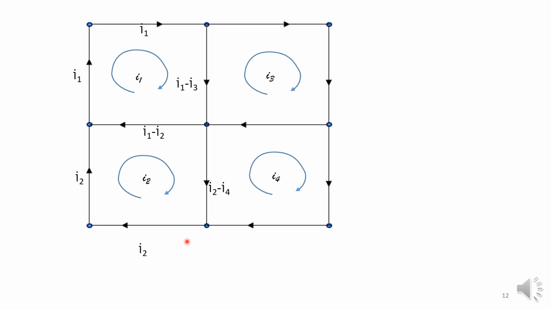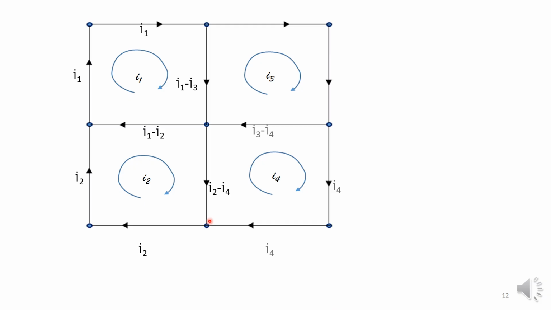It will contribute I2 to this branch, I2 to this branch. Now here, because the I2 is clockwise, it will go counter to this arrow, so it will contribute minus I2 to this branch. Here the I2 follows the same direction as the arrow here, so it contributes I2 along this branch.